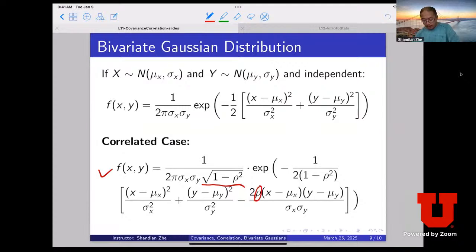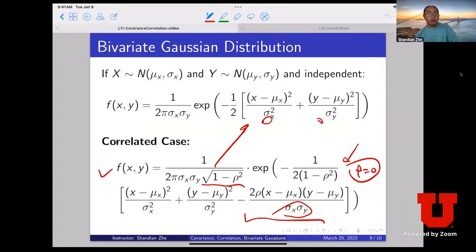And in the exponent, in addition to the usual terms, we get a third term. We subtract 2 rho times (x minus mu x) times (y minus mu y), divided by the product of the standard deviations of x and y. This gives the general form of the joint density function for two Gaussian random variables. When x and y are independent, the correlation coefficient is 0, and it reduces to the special form where x and y are independent.